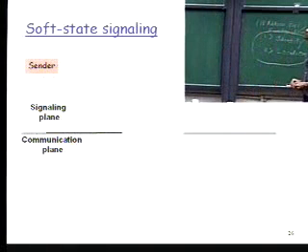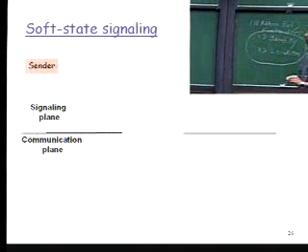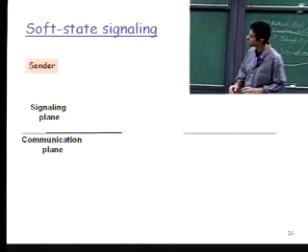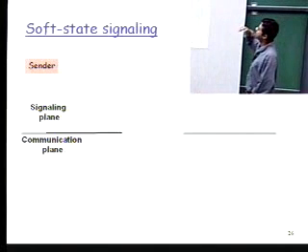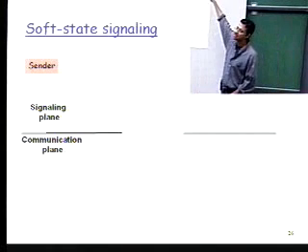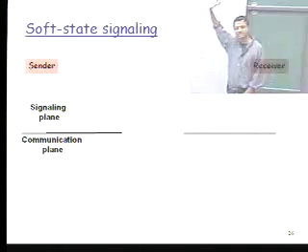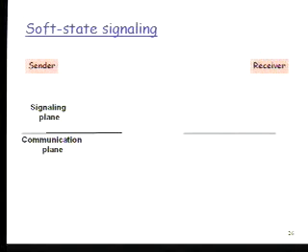So how does soft state signaling work? In this scenario, you have a sender and a receiver. The sender is trying to establish state at the receiver. In the previous example, the sender could be the receiver of the multicast transmission, and the receiver could be the first router on the way.